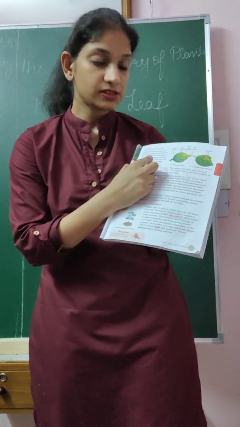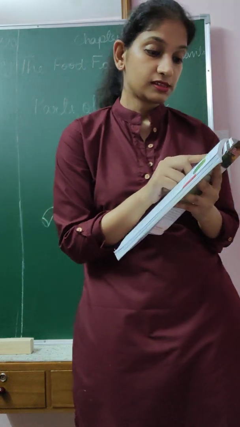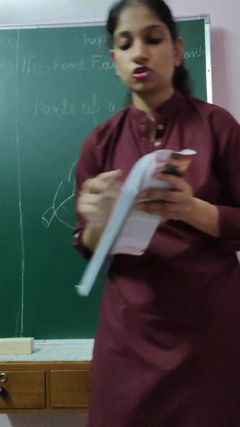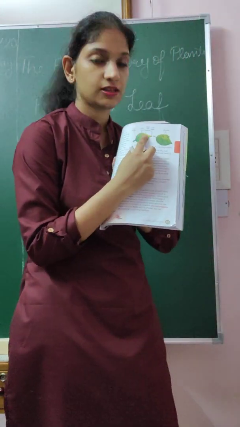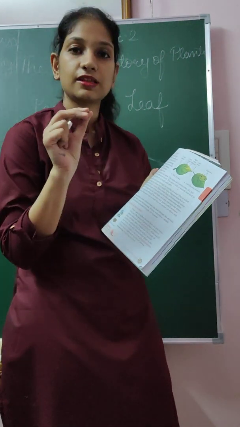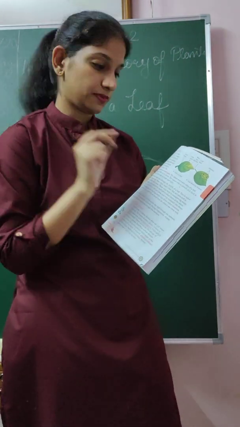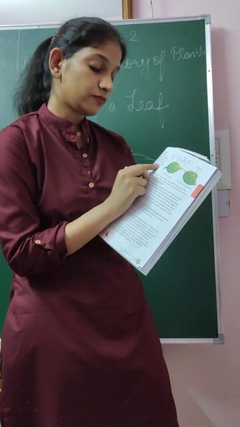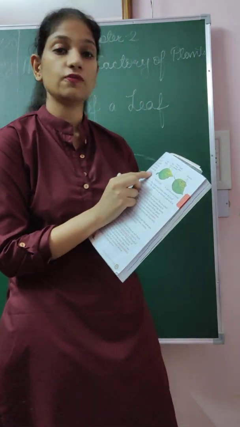The top surface of the leaf is protected by a waxy coating. Waxy means somewhat sticky, थोड़ी सी चिपचिपी. This coating protects the leaf and prevents loss of water.